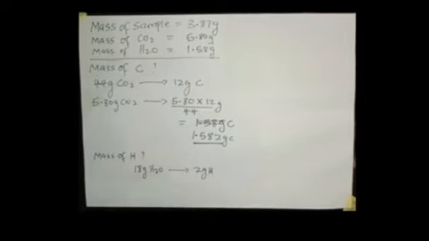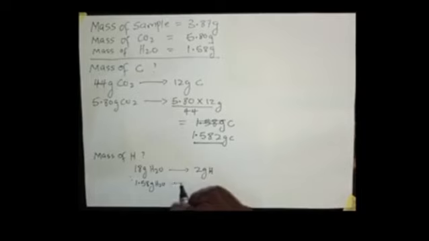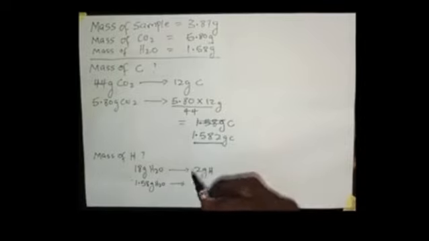So in every 18 grams of water, we have 2 grams of hydrogen. So therefore, the 1.58 grams of water produced from the combustion is expected to contain how many grams of hydrogen?